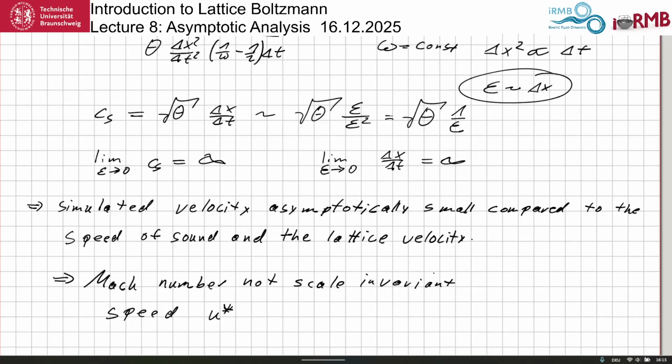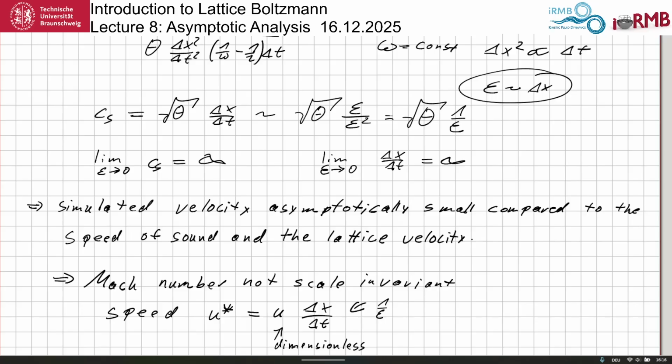So the speed is u. Okay, so this is the physical speed. Here u is the numerical speed that goes into delta x by delta t, and delta x by delta t, so this here is dimensionless. And this here has the units 1 over, this basically is 1 over epsilon.